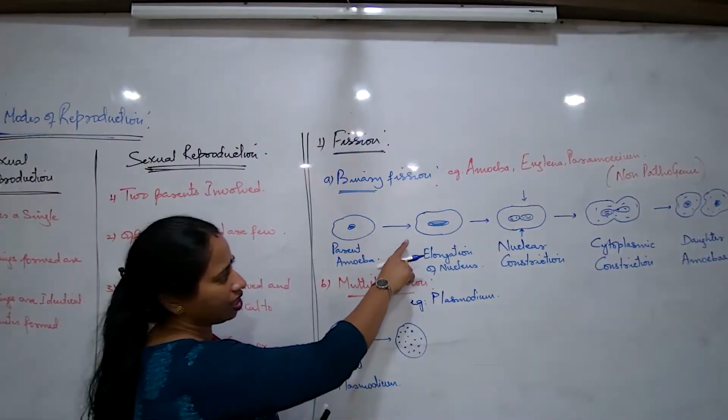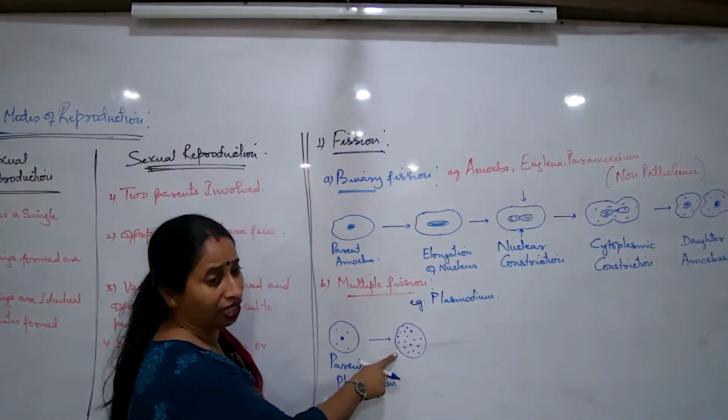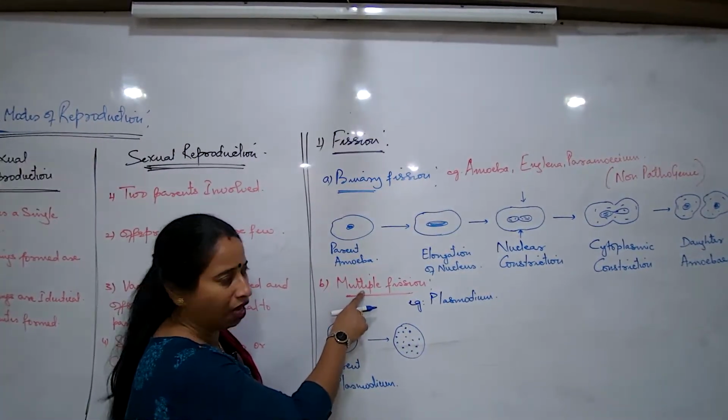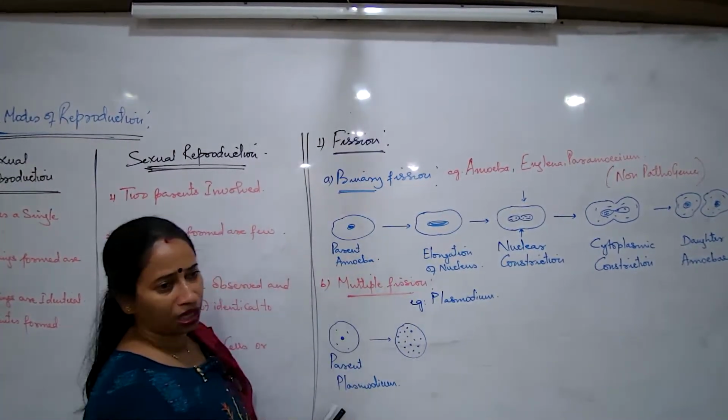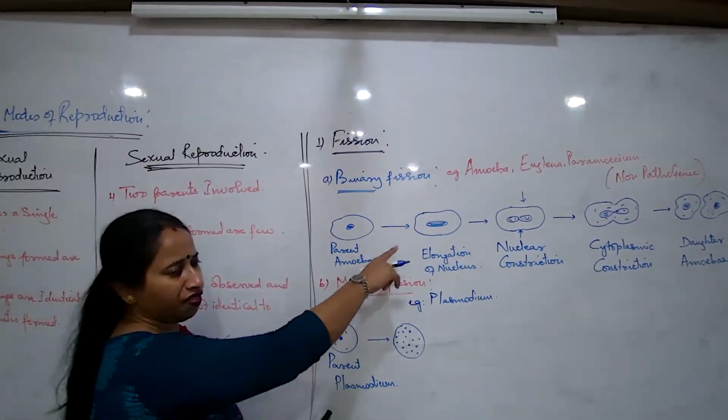Can you tell me what is the difference between this method and the earlier one? Here the nucleus is dividing a number of times, multiple times, hence the name multiple fission. And how many times does the nucleus divide in the other method? Only once.